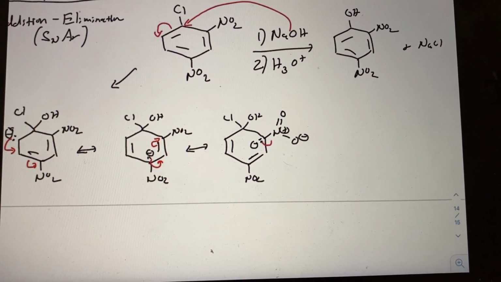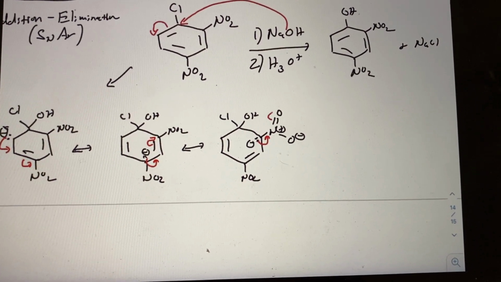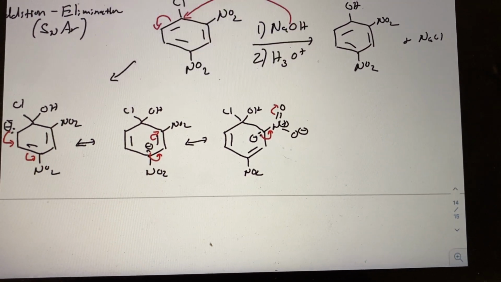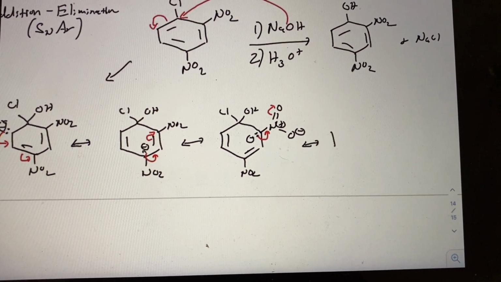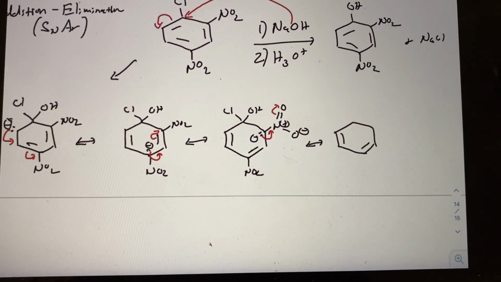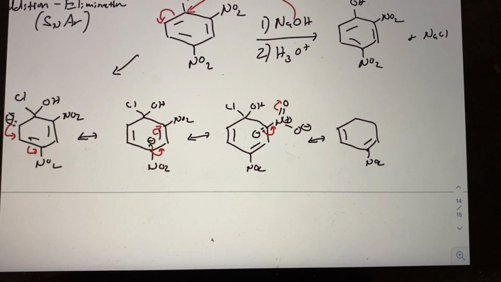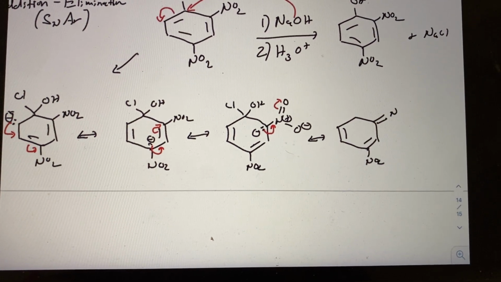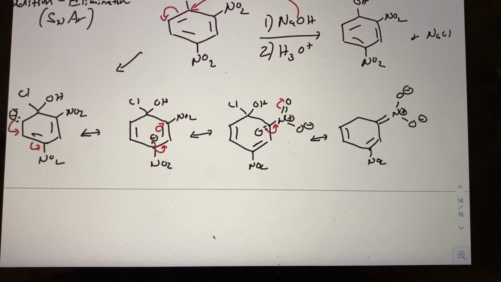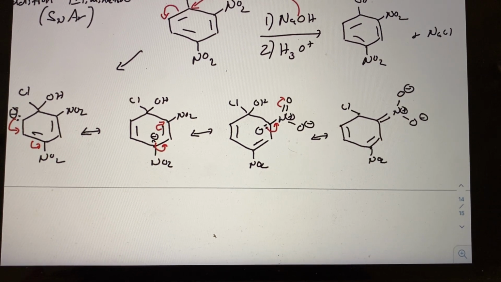So we could draw a resonance structure, remove these electrons here, and move these electrons out onto this oxygen. So that would give us a resonance structure that looks like this.